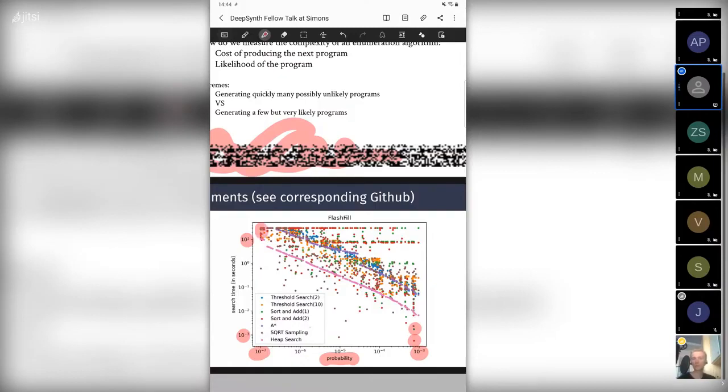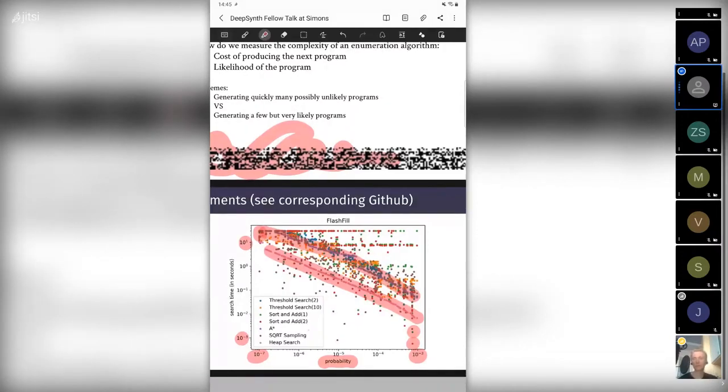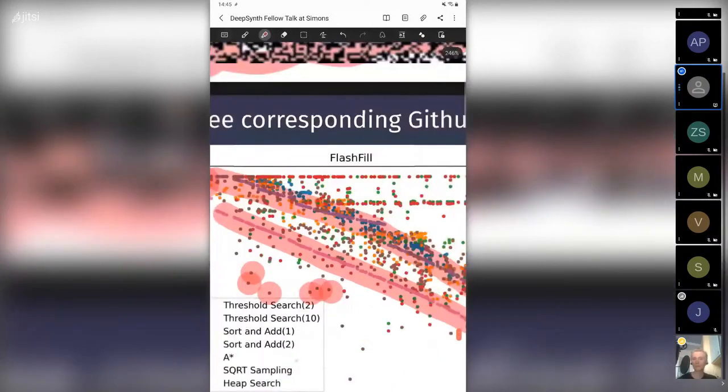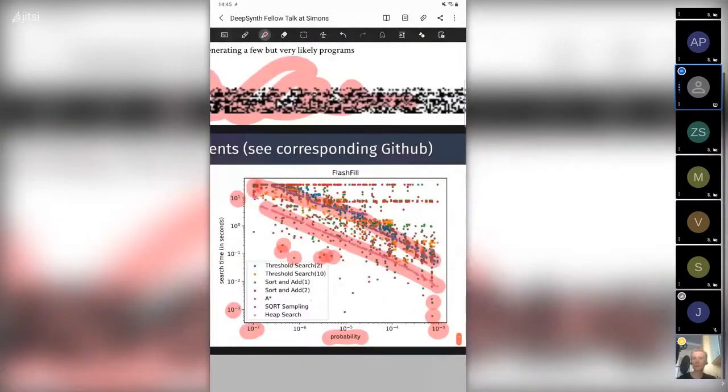Now clearly the best algorithm is this deterministic one, our new heap search, that outperforms the A star algorithm in particular by one order of magnitude. And the other thing you can see, I don't know if you see it very clearly, because of those dots, is that in many cases the sampling algorithm, those brown dots, is faster than the deterministic heap search, but in some cases slower, right?